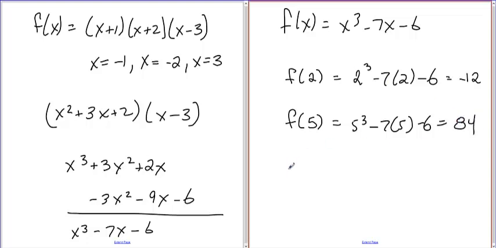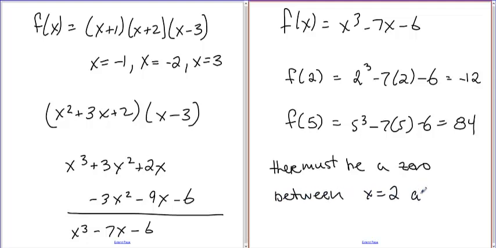So what we can say is that since the y value goes from negative to positive, there must be a 0 between x equals 2 and x equals 5. That's the intermediate value theorem.